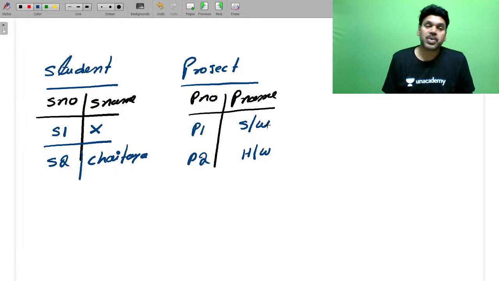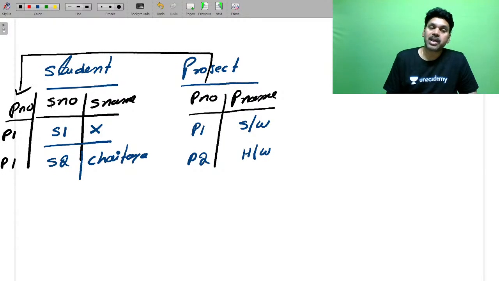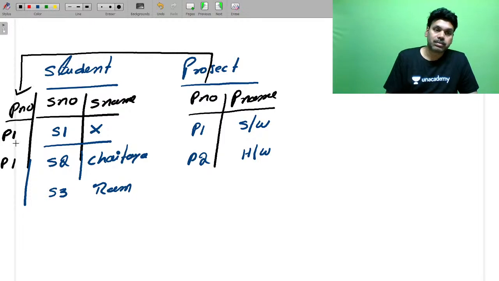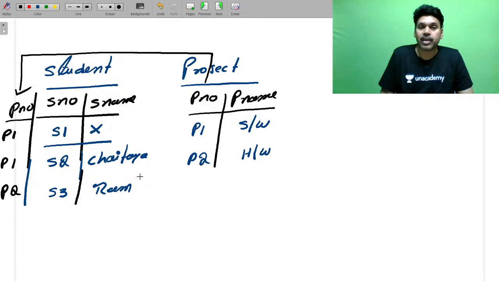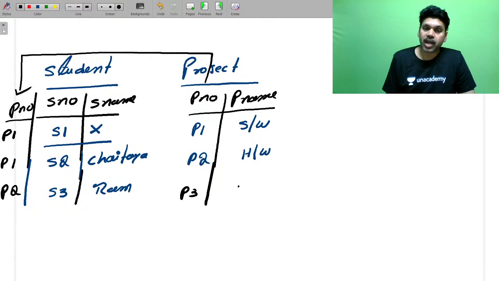To have a natural join, there should be a common column, so I'm bringing project number into here. While bringing project number into this, he is working in P1, he is working in P1, and the third student is Ram, he is working in P2. So different kinds of projects. Now there is one more project, P3, by name IoT based.